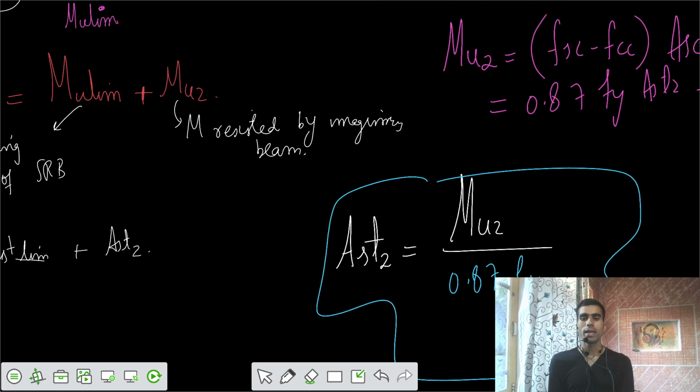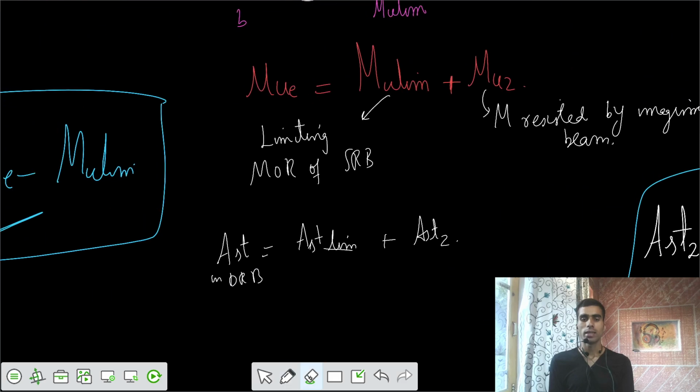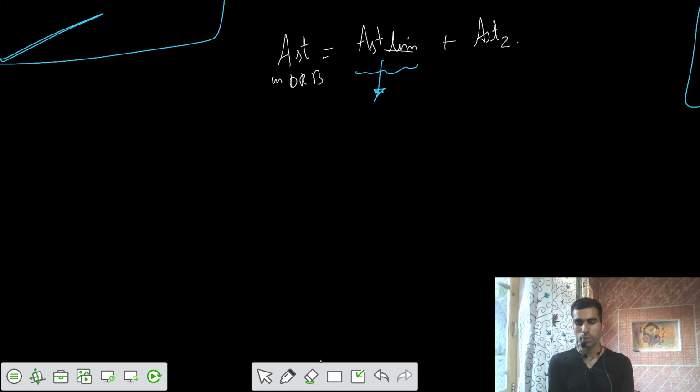Now what about AST1, limiting? That's easy. Can you get the AST limiting corresponding to a singly reinforced beam by equating compression equals to tension?